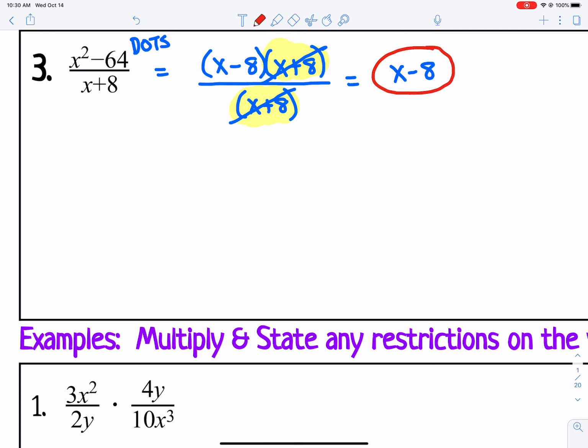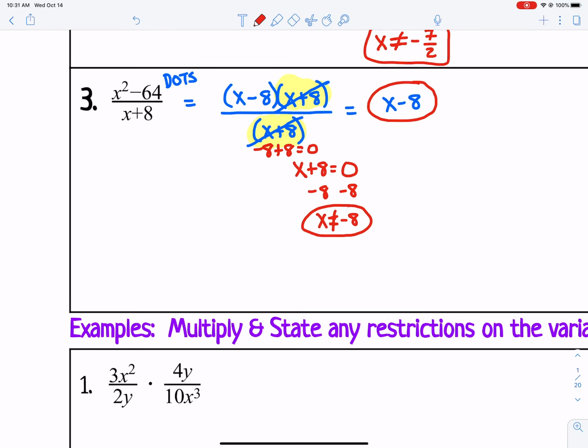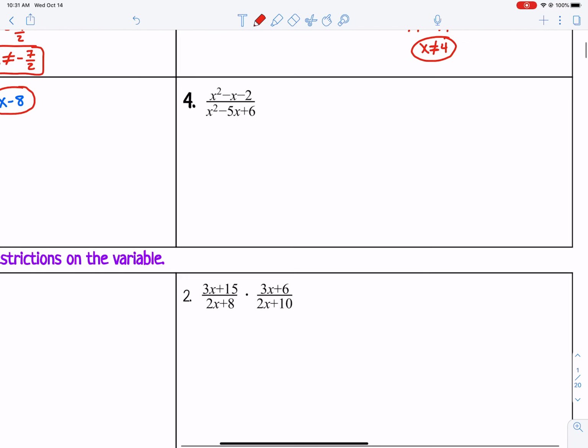So then you still want to say x plus 8 was my denominator. Where would that equal 0? So subtract 8 and you solve it and x would equal negative 8, so x can't equal negative 8. So that's my restricted value. Notice negative 8 plus 8 would equal 0. So you're just checking for what values of your variable would make your denominator equal to 0. And the restricted values are those.